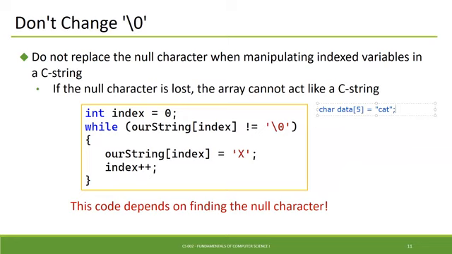So the computer will create 5 spaces, and C, A, T, and the rest will be filled with null. So this is the array: CAT, null and null. Yes, this is data.